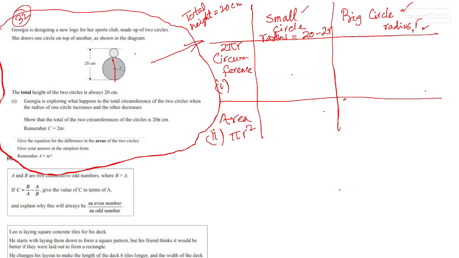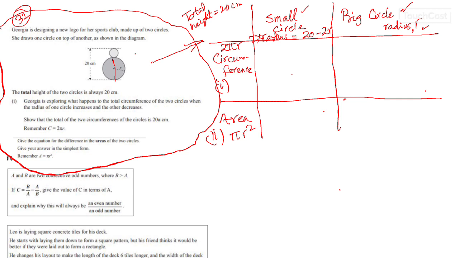So I subtracted 2r from 20, and that gave me the diameter. Sorry, okay, if I subtract, that's not radius, 2 lots of radius, which is the diameter, right?